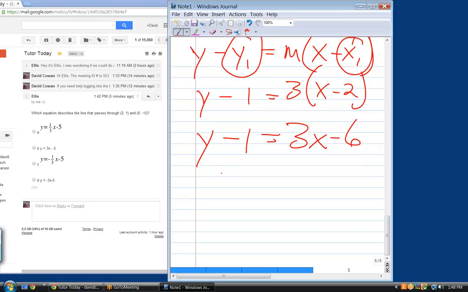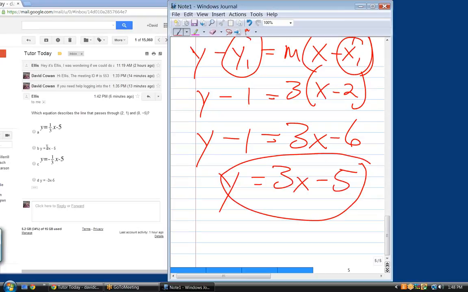Now add 1 to both sides. When you add 1 to negative 6, what do you get? 3x minus 5. There's your equation. That's the answer we should look for. It's right there.